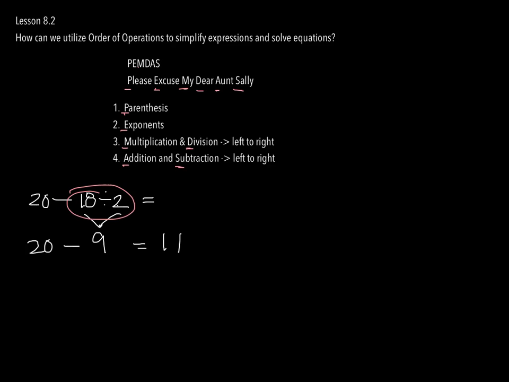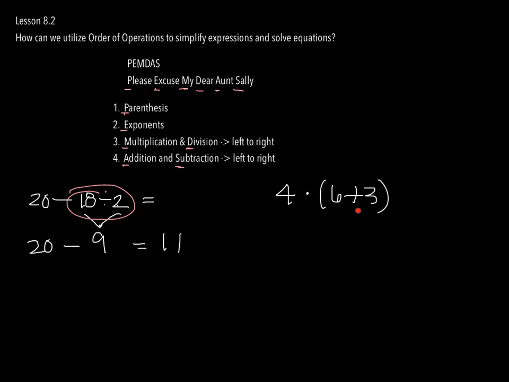Let's look at our next problem here: 4 times the quantity 6 plus 3. Now what step do we do first? Well, if we look at PEMDAS, please excuse my dear Aunt Sally, parentheses first.